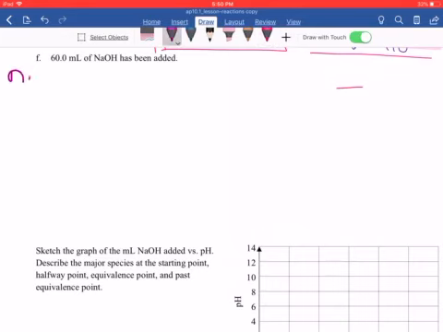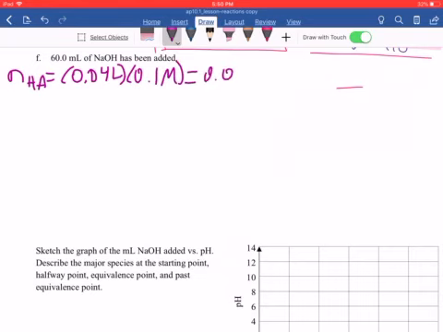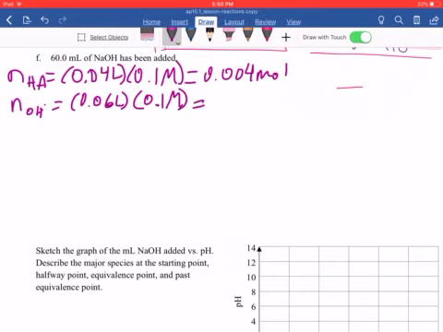We have the moles of acetic acid, 40 milliliters, or 0.04 liters times 0.1 molarity, 0.004 moles. The moles of hydroxide, 0.06 liters, 0.1 molarity, so 0.006 moles.